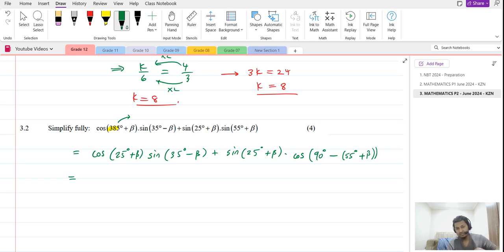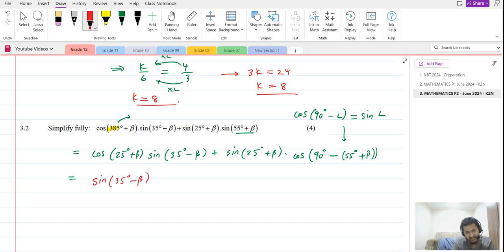Yes, because cos of 90 minus is sine. So remember this, cos of 90 minus angle is equal to sine of the angle. So this is the entire angle I'm taking. So that's what I'm applying here. So let's write sine of 35 degrees minus beta cos 25 degrees plus beta plus cos 90 minus 55, should get 35, cos 35 minus beta.